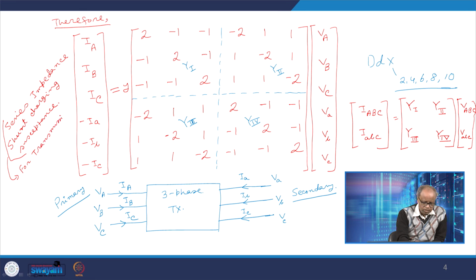We have already seen that this series impedance for a 3-phase transmission line is always a 3 cross 3 matrix. Usually this 3 cross 3 matrix is basically a full matrix, that is we also have off-diagonal elements, that is there is a considerable amount of mutual impedance among the phases.